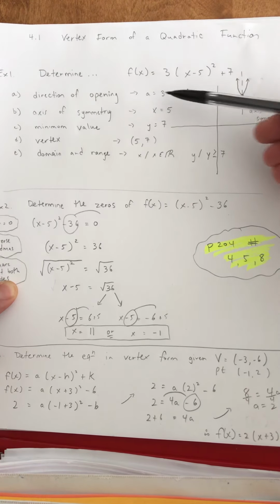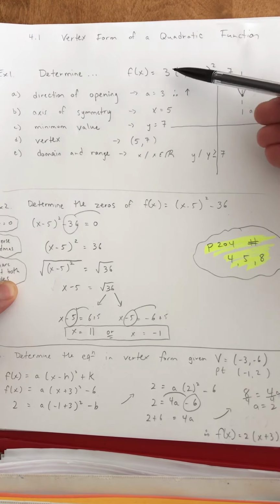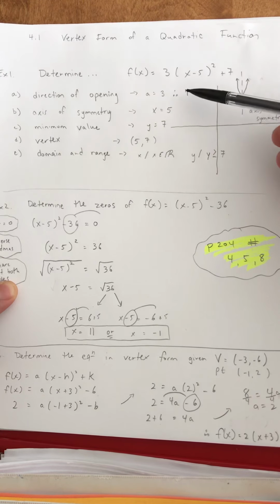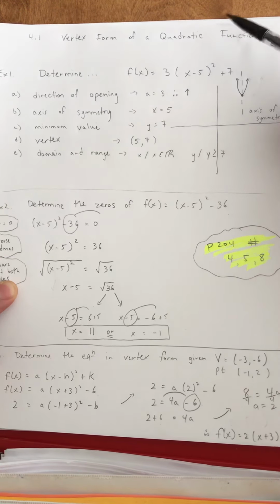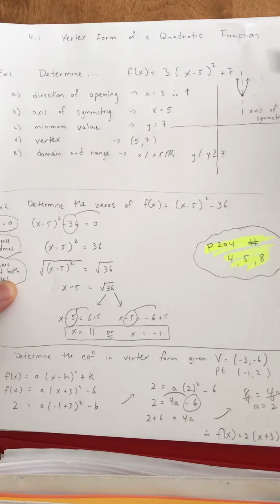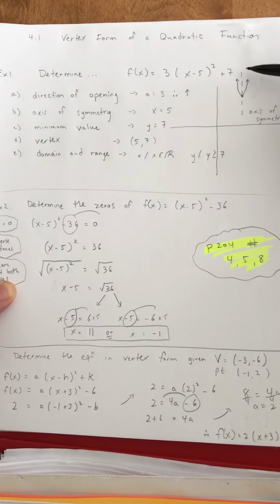Okay, so the direction of opening, because a is a positive 3 value: any positive a value means the parabola opens up. The axis of symmetry, I kind of did it on the diagram here. The axis of symmetry is an imaginary line that cuts the parabola in half.